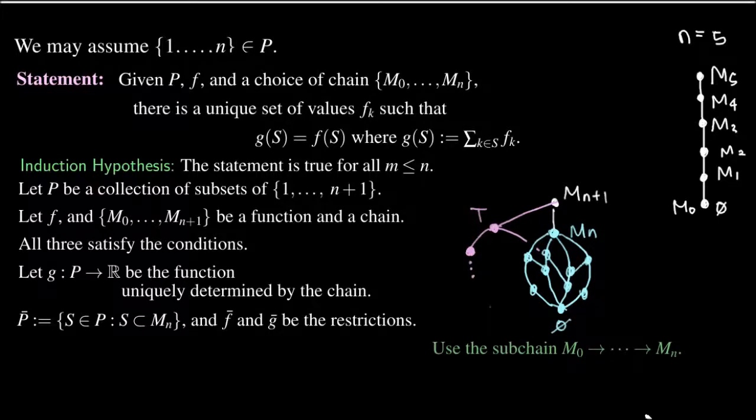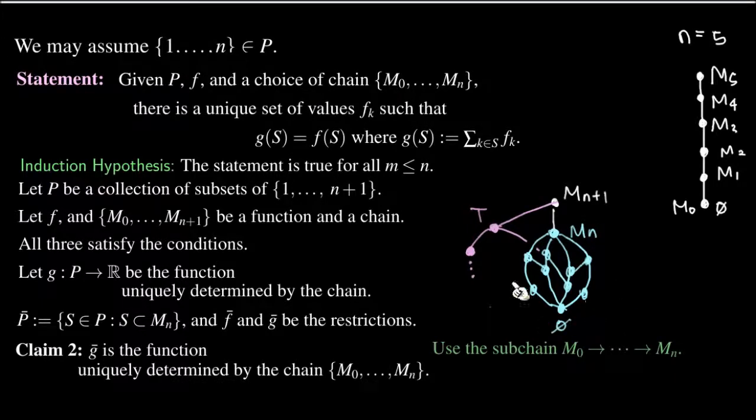The right thing to use is that originally we have this chain 0 to n plus 1, and we're choosing the subchain in here, and that's our choice of a chain. So with that collection, we have G tilde, maybe, not G bar, determined by this subchain.